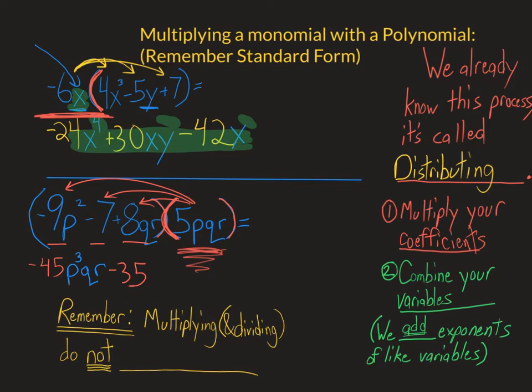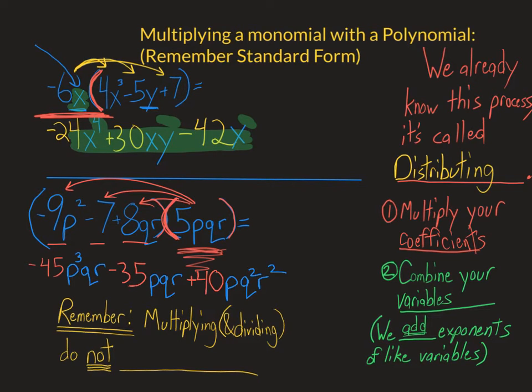And there's nothing there for variables, so I just copy over the PQR. 8 times that 5, plus 40. And again, the Q's and the R's, those are going to add together. So P's, there's just one P. Q, there's 2 Q's, so Q squared. R's, there's 2 R's, so R squared.